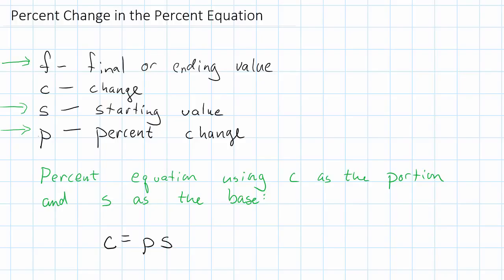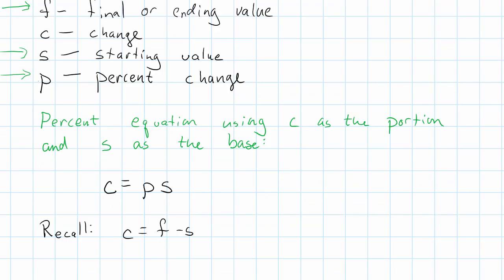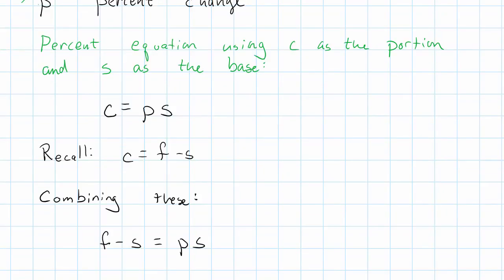With that in mind, let's work with this formula and see if we can get some formulas that are going to work for us a little bit more easily. The change is the final value minus the starting value. So that means the final value minus the starting value equals the percent change times the starting value.